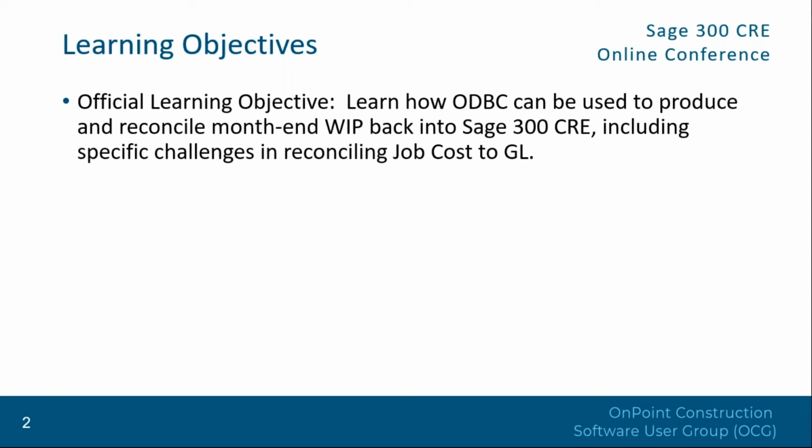We originally started on Sage back in 1997. One of the things we quickly learned was that real estate developers use the job cost module completely differently than construction companies. Very often we're using it to track cost in buckets, and those costs are going to balance sheets. We're self-constructing assets.